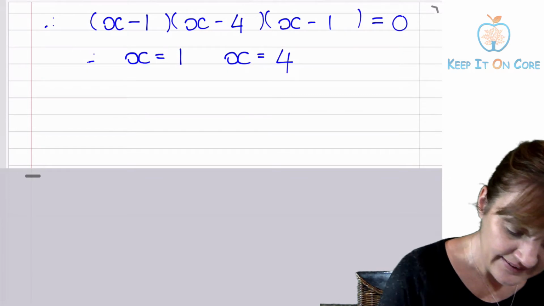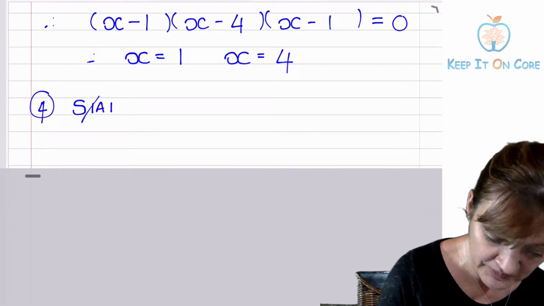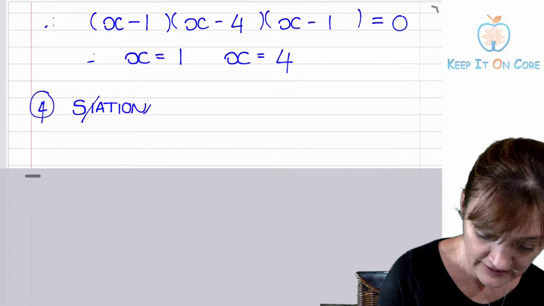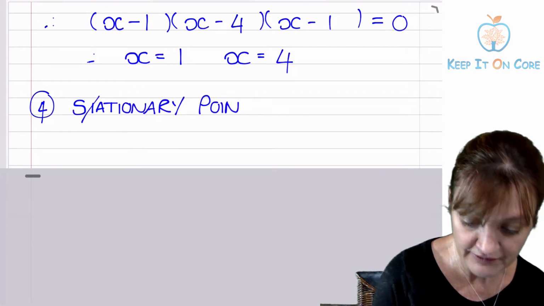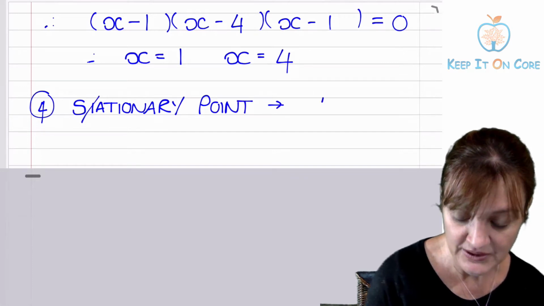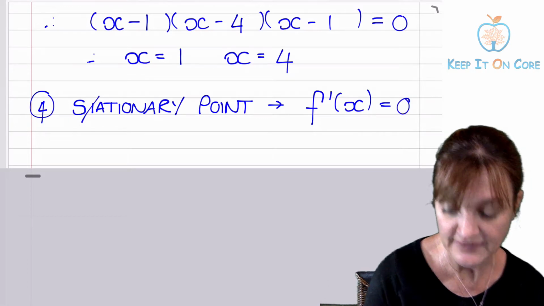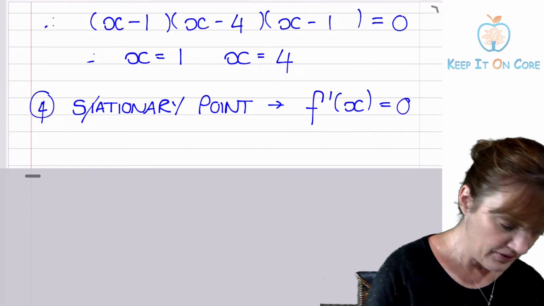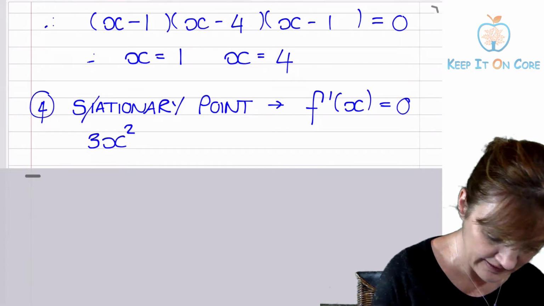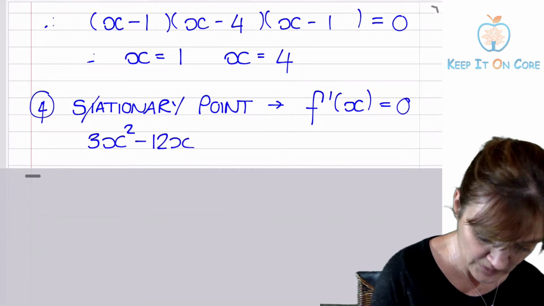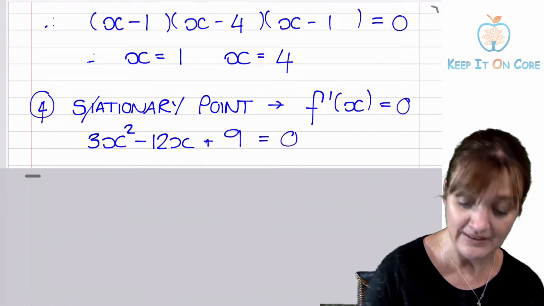All right. Step 4, we're looking for your stationary points. And by now we should be very familiar with the fact that if you are looking for a stationary point, we let the derivative equal 0. Okay? Right, so the derivative of your function is 3x squared minus 12x plus 9, and we're letting that derivative equal 0.